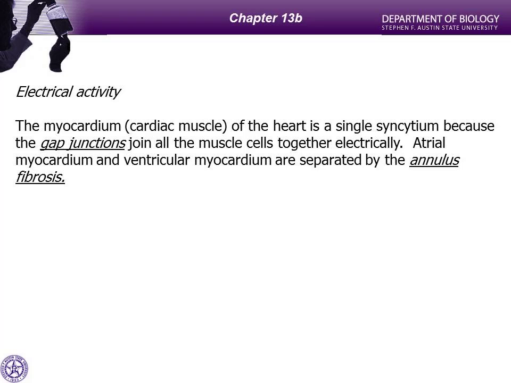Remember we said when we talked about cardiac muscle, it is rhythmic and spontaneous. It does not need or require any innervation from the central nervous system to beat, and to beat regularly. So we're going to see that the myocardium of the heart is going to be instructed to beat by a group of cells that sit in the right ventricle called the sinoatrial node.